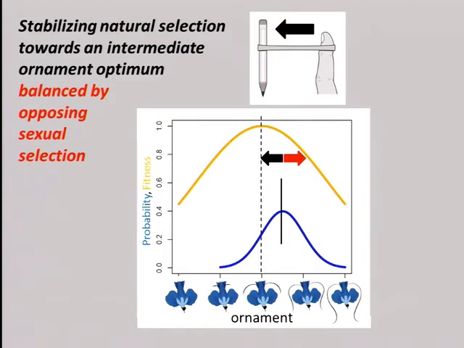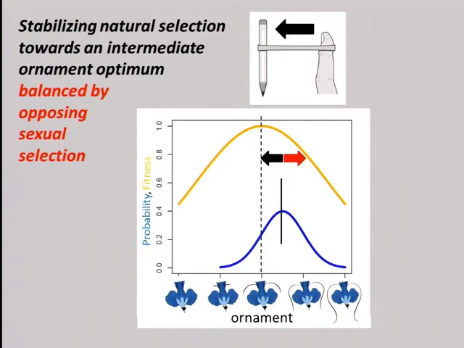And what we're imagining is that all along that line, that force of natural selection, this is called an Ornstein-Uhlenbeck process, back towards the optimum, is counterbalanced by this force of sexual selection in the opposite direction. And there are many different ways to strike this balance, and that's what forms this line of equilibrium.